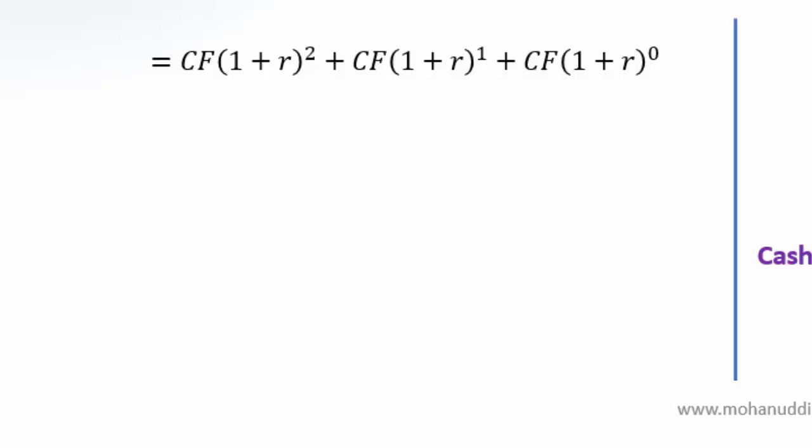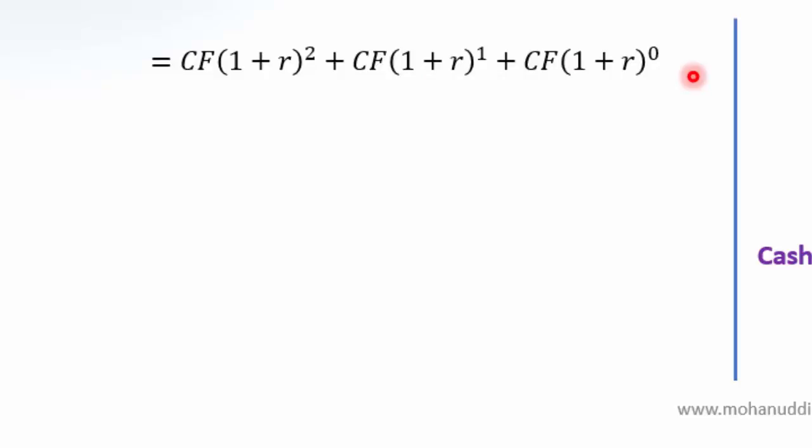But if it is an annuity for 30 years, or 100 years or 200 years, it is not practical to do the calculation for each individual cash flow using only the future value formula. So now we will try to derive a formula from this expression, using mathematical manipulation.